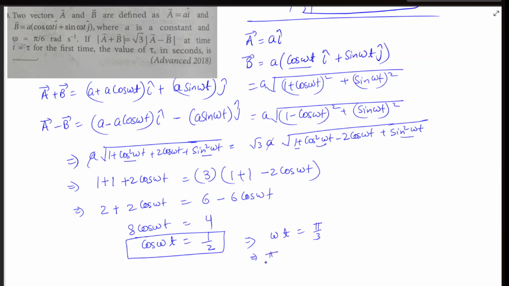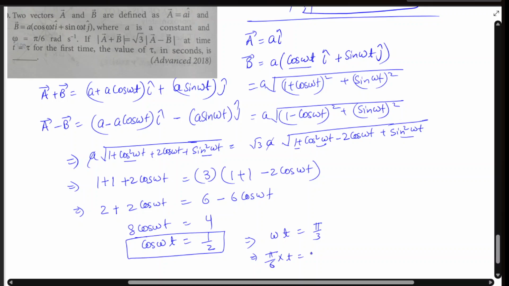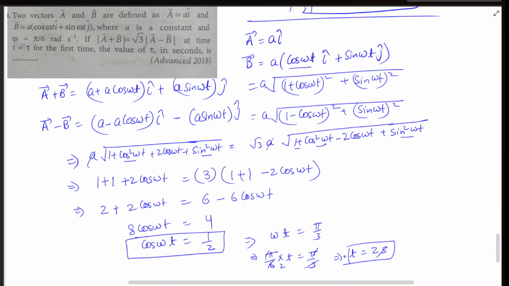Omega is pi by 6, so pi by 6 into t is equal to pi by 3. So t will come out to be 2 seconds. Yes, so it is an easy question, right?